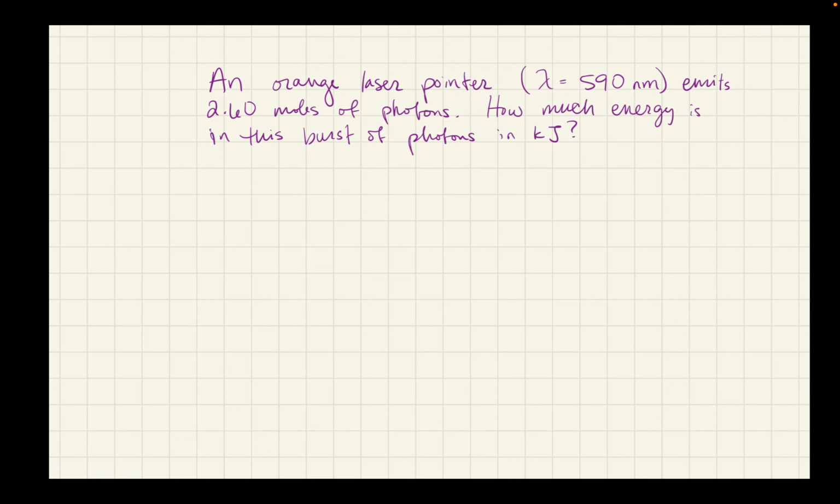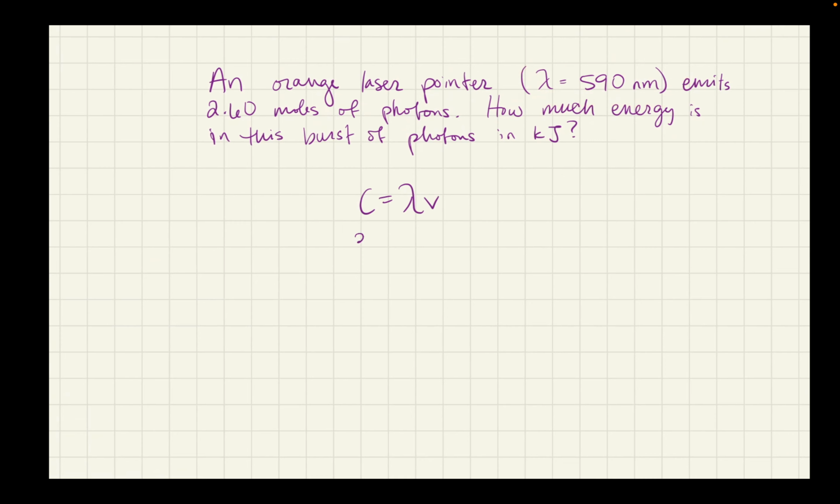Now, the first thing we're going to do is focus in on the wavelength of a single photon. Go back and watch the other video on how I break this down, but first we want to convert that to the energy of a single photon. To do that, c equals lambda times v.